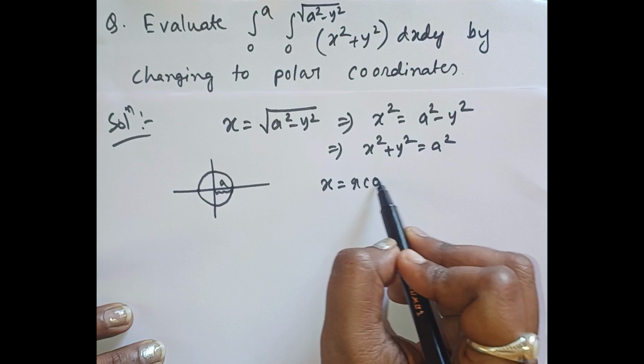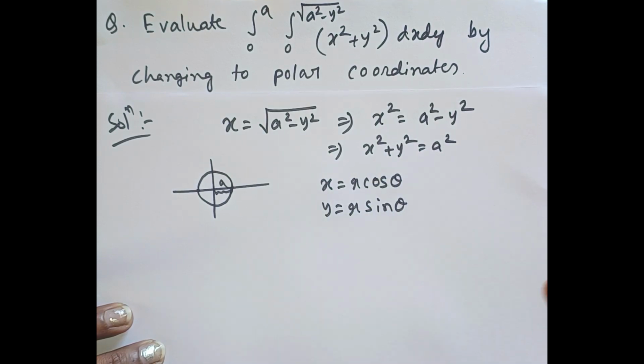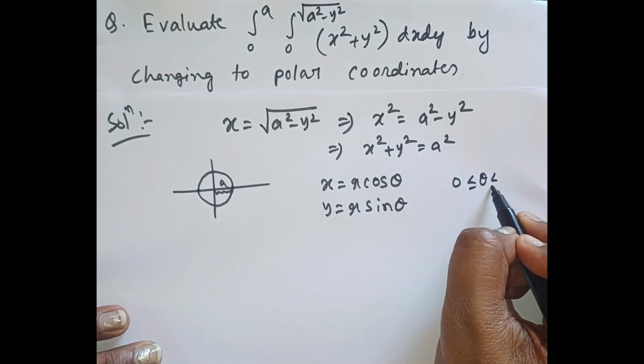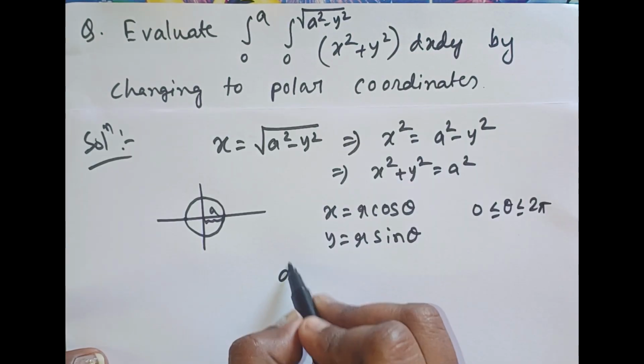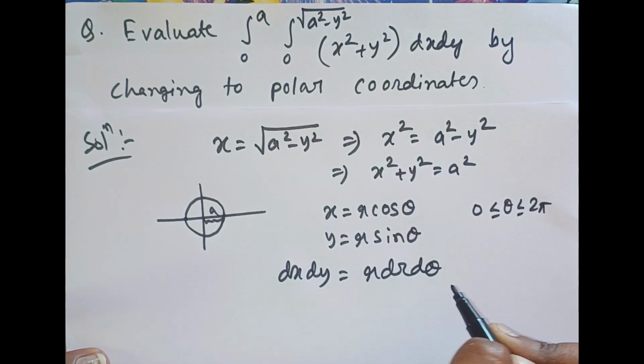Now we know that the parametric equation for circle is x equal to r cos theta, y equal to r sin theta, where theta belongs to 0 to 2 pi. And in this case dx dy will be equal to r dr d theta.